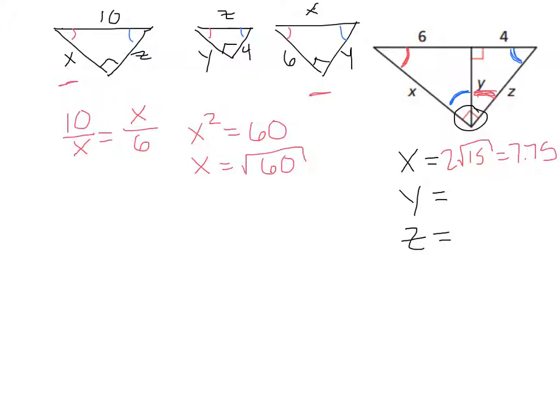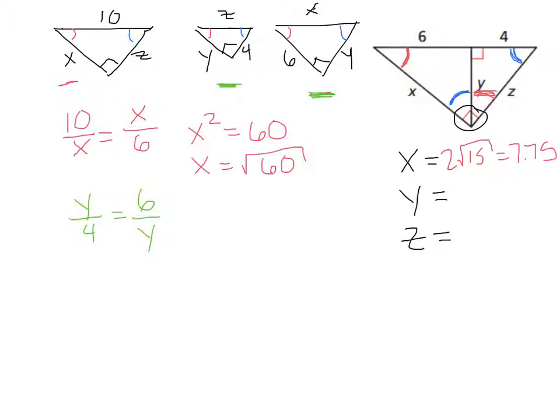Alright, let's look at another one. Let's go ahead and find y. See that y shows up in the smallest one and the medium one, so I'm going to use that. I'm going to use the ones with numbers, so I know that y over 4 is the same as 6 over y. I have my similarity ratios.